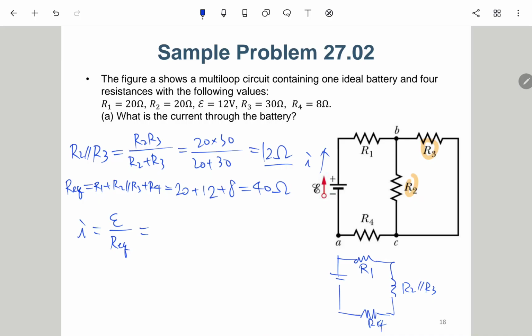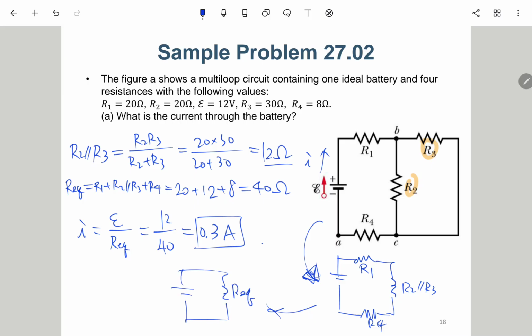So it will be 12 over 40, which is 0.3 A. So this is an equivalent circuit. And then this is Req, like this. This current is the same as this current, and this current will be this one.